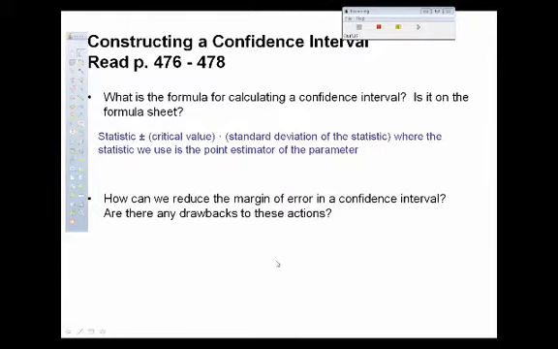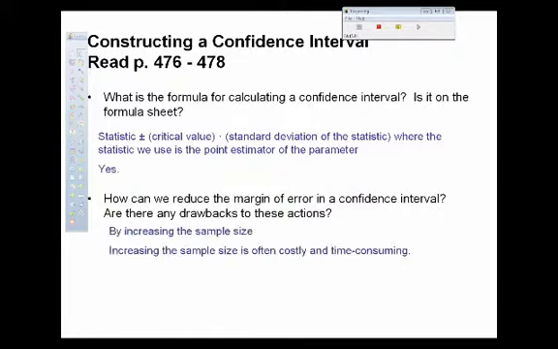How can we reduce the margin of error in a confidence interval? Are there drawbacks to these actions? Okay, you can increase your sample size, but increasing the sample size is often costly and time consuming. So the bigger your sample size, the smaller your margin of error.